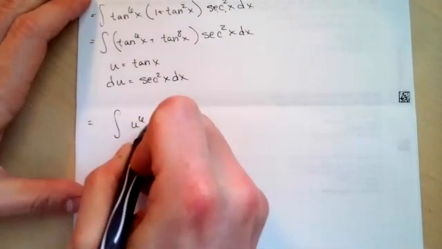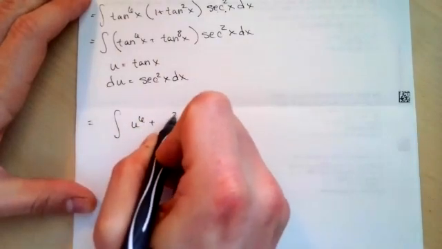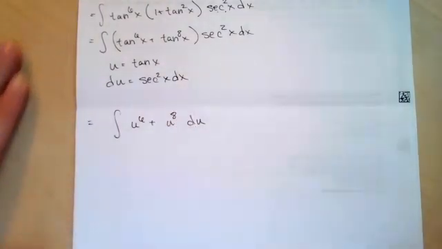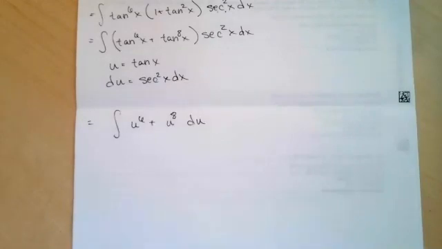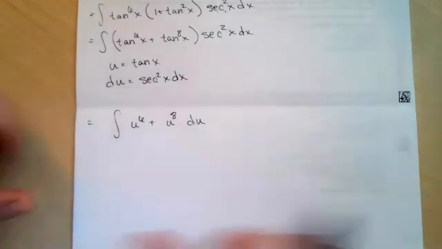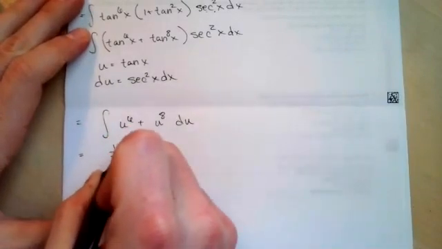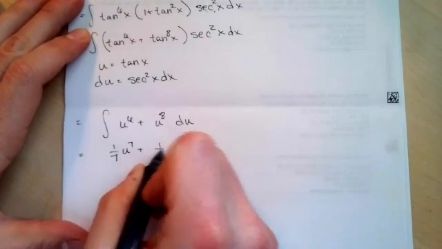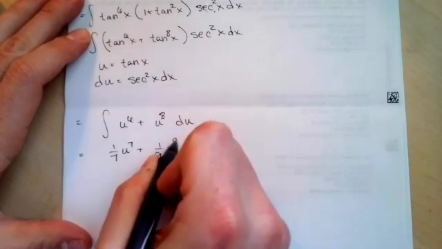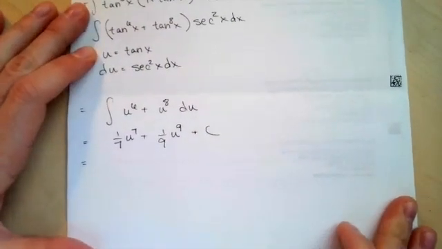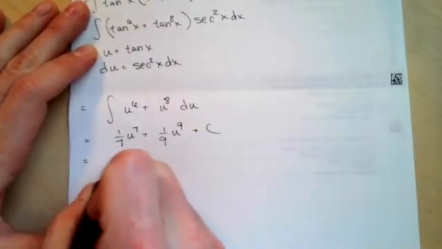So we'll have u to the 6 plus u to the 8 times du. And now we have an easy enough integral. So we integrate and then back substitute.